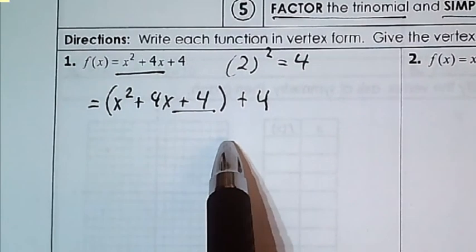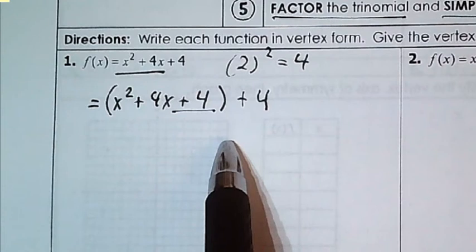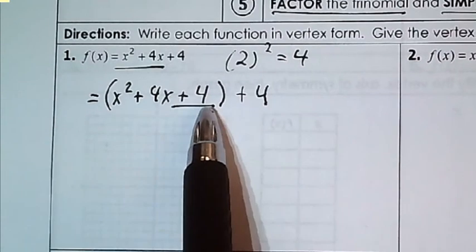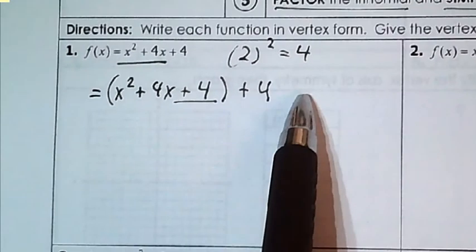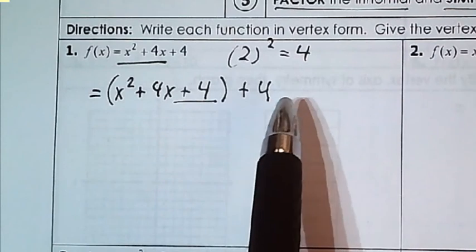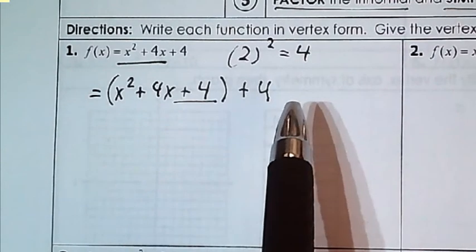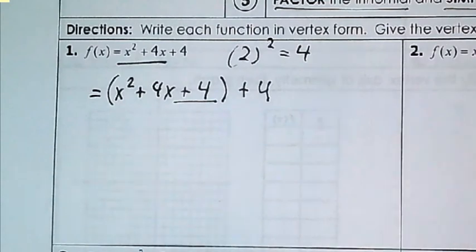So, in order for me to stay balanced, if I added a 4 right here, what am I going to have to do out here? Add a 4? Well, that wouldn't be balanced, right? Subtract the 4. Because if it's going to stay the same as it was before, I'm changing the way it looks, but I can't change the value.